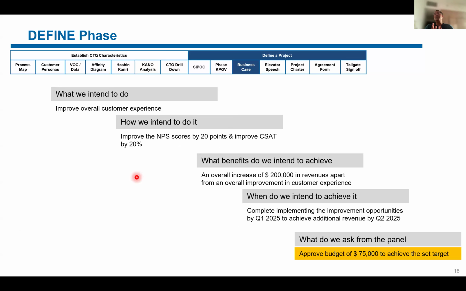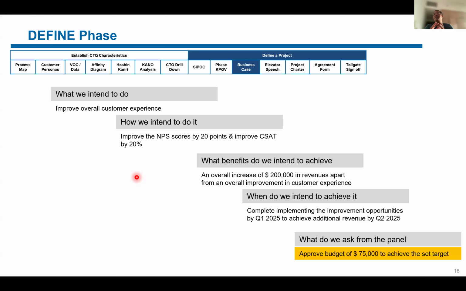We will know we have done it by improving the NPS score and the CSAT score. The benefit we would achieve is an overall increase of close to around 200K in revenues, apart from improvement in the overall customer experience. Plus, there is an uptick in the overall renewal percentage, which takes the figure to 2.4 billion.